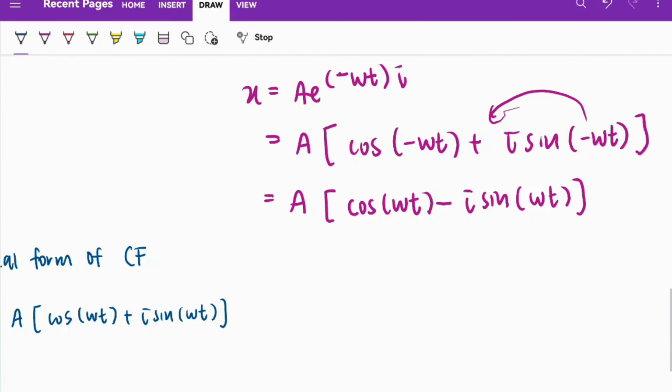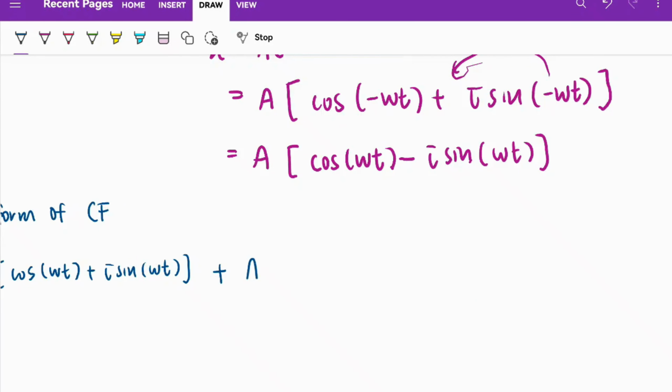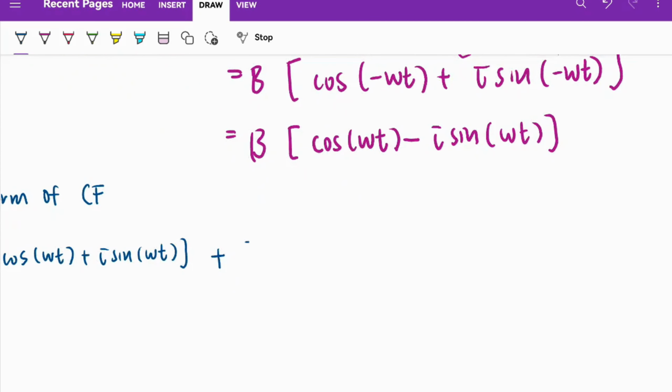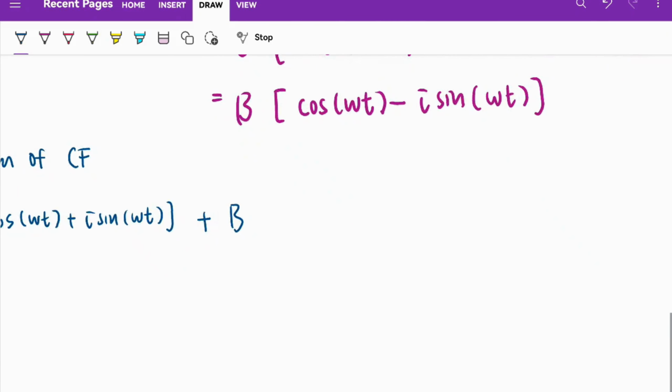Then plus the second, wait a minute. I just realized the mistake. I'm not sure if you realize it or not. This is not A, it's supposed to be B. Sorry. It's B. Okay. B times cos omega t minus i sine omega t.